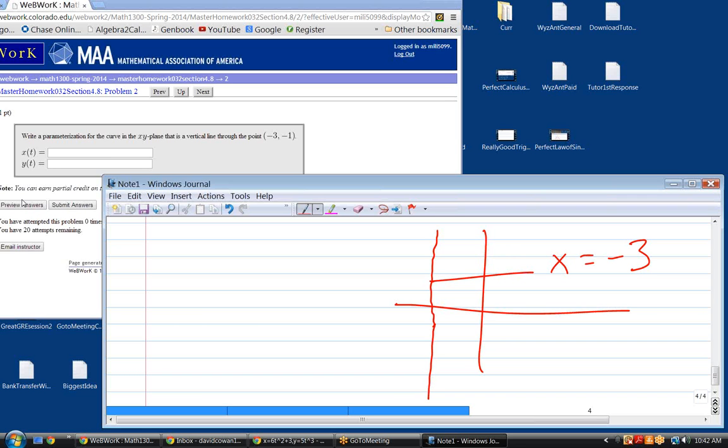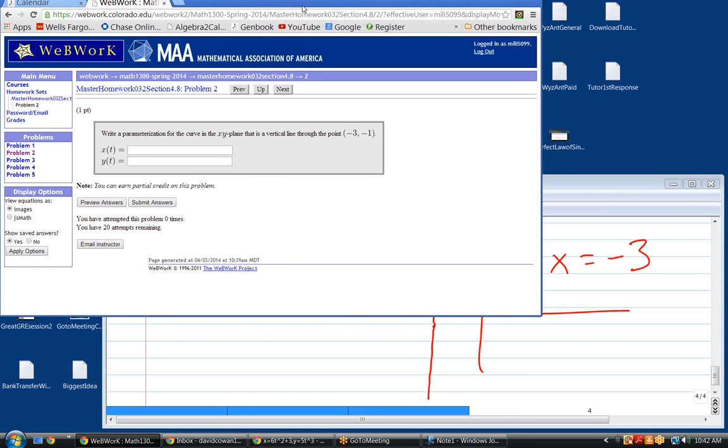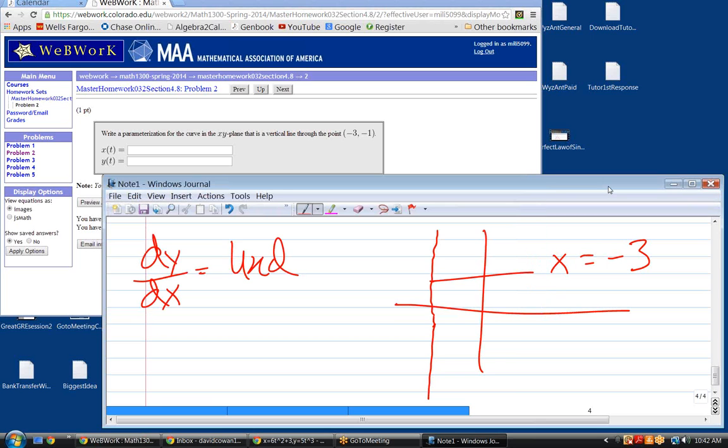In other words, dy dx is undefined. I'm trying to think if I can make up a parametric equation that defines this vertical line. What would it be?